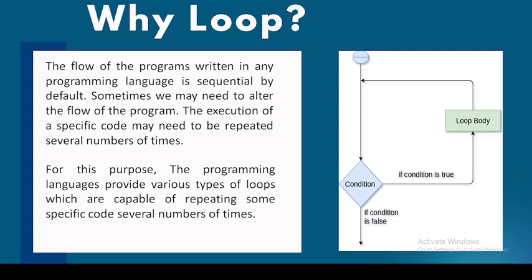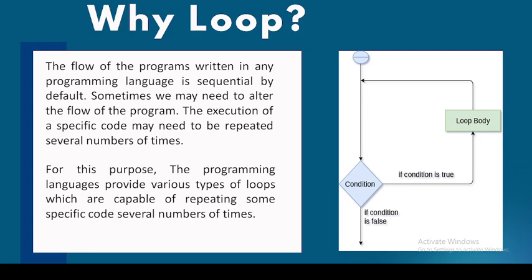But sometimes we may need to alter the flow of the program. Sometimes we want to run a particular set of lines many times as long as a condition is true. So the execution of a specific code may need to be repeated several times. Instead of running sequentially, we need to repeat a specific code several times.